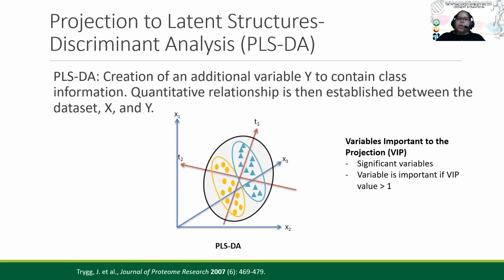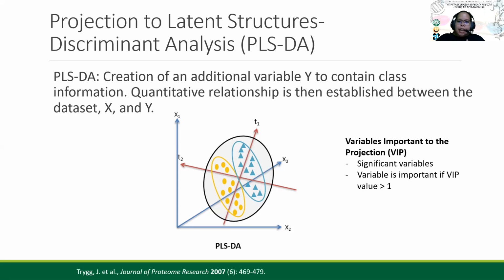But in terms of metabolomics analysis, ginagamit siya for further trying to determine yung mga differentiations as well as the variables that cause these differentiations. So in PLS-DA, it makes use of, again, the additional variable or class information. And in PLS-DA, it tries to maximize the separation between your different groups based on the class information that you provide.